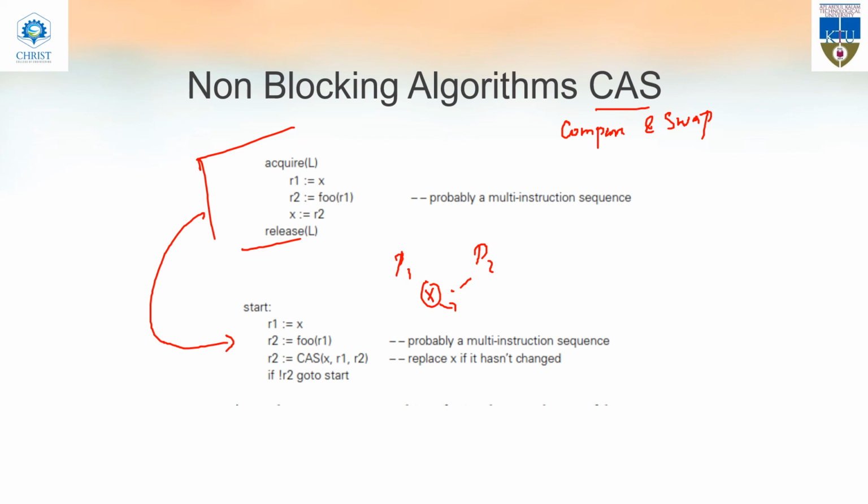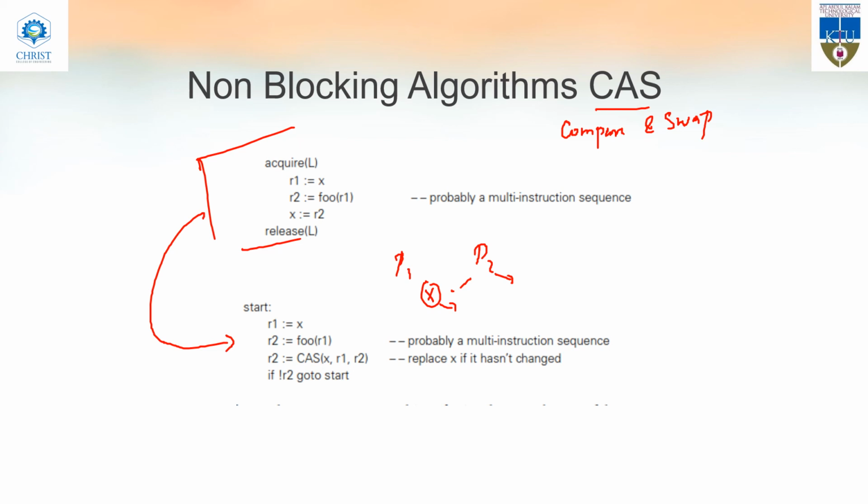Then P2 can access the value of x, and after execution, if P2 compares the value of its previous value and the value of x now, it can understand whether another process has accessed that resource or not, right?